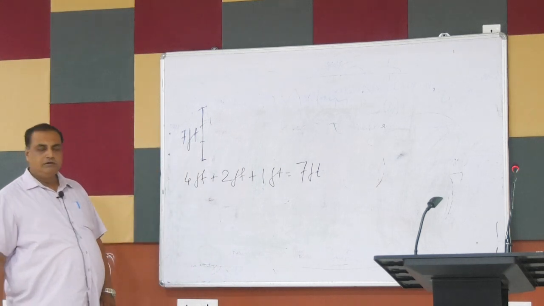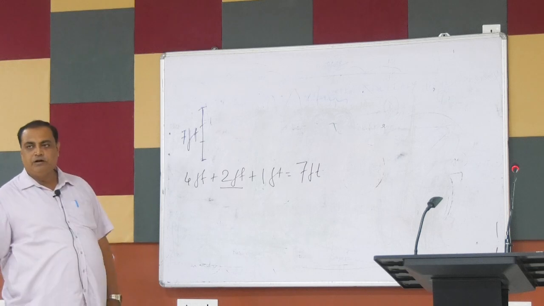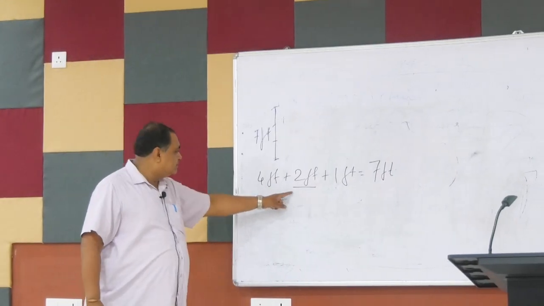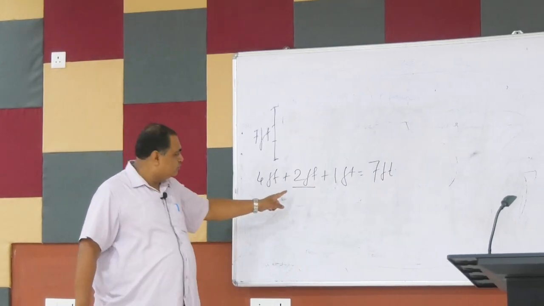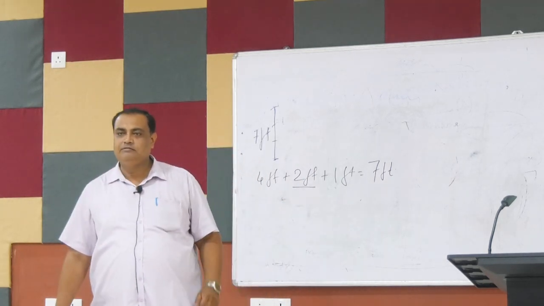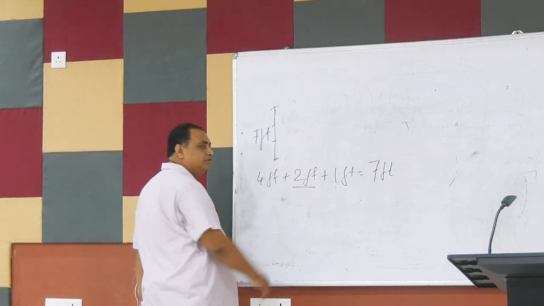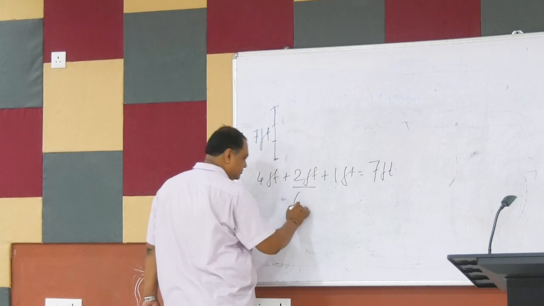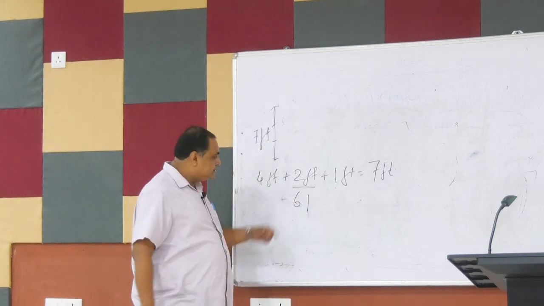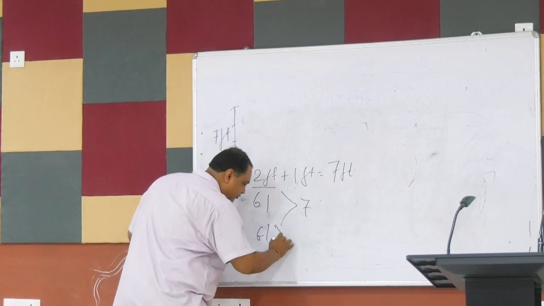Right now, this 2 feet, what does it mean? 2 is less than 4, 2 is less than 7. 1 foot is equal to how many centimeters? 30.5 approximately. So 2 feet is equal to? 61. Now see, 61 is more than 7, 61 is more than 4.